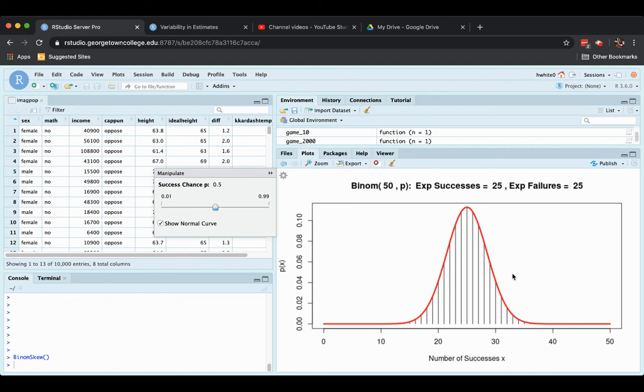But also, the higher both of those numbers are going, the closer to normal the binomial distribution will be. This has huge implications because sample proportions are almost like binomial random variables. They're a binomial count of the number of people who said yes in your sample divided by the sample size.